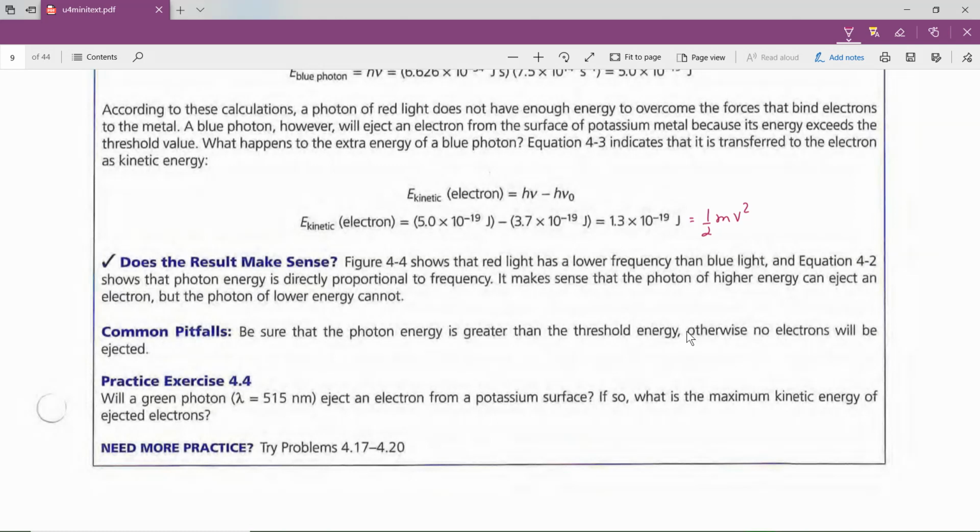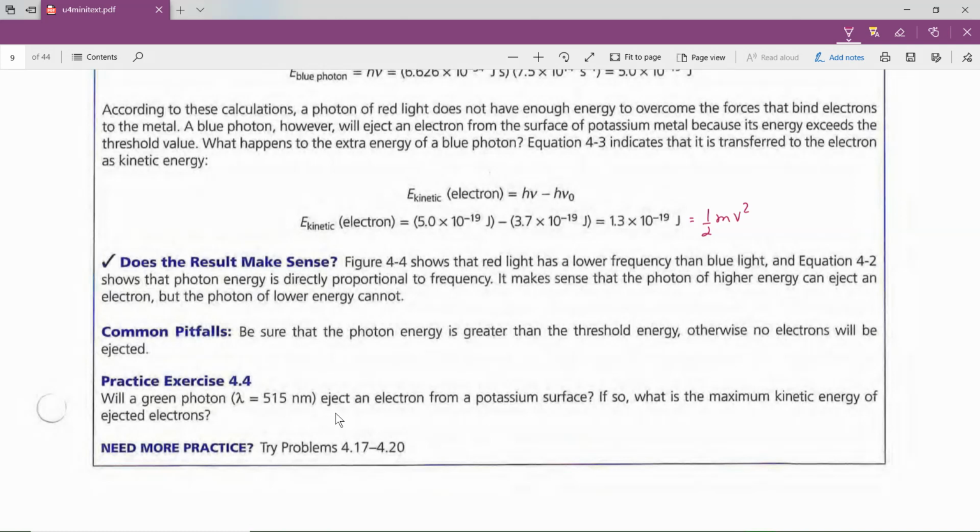Okay, let's try, will green photons work? Well, let's see, Roy G. Biv, blue worked, red didn't, green is right, let's see, 515 nanometers. We were given frequencies of the other colors. Here we're given a wavelength.